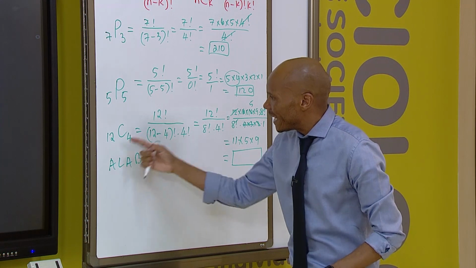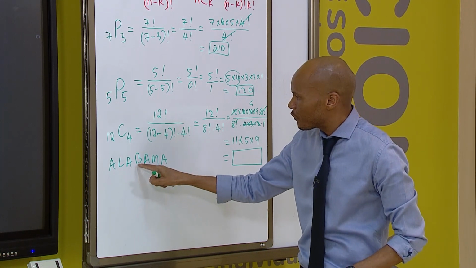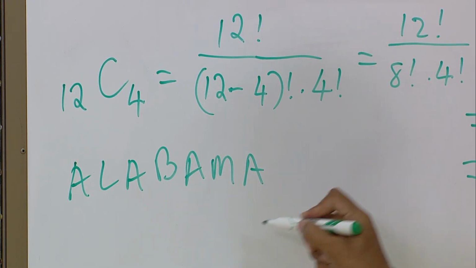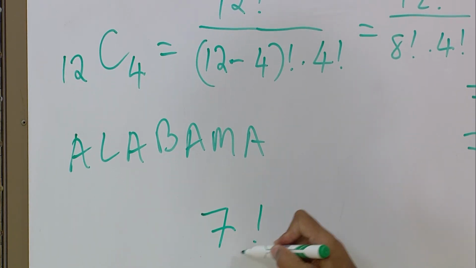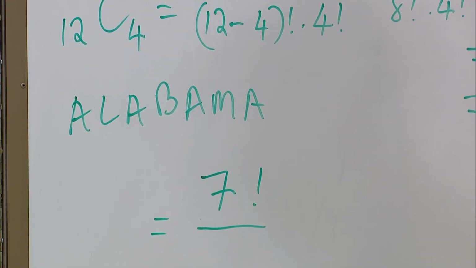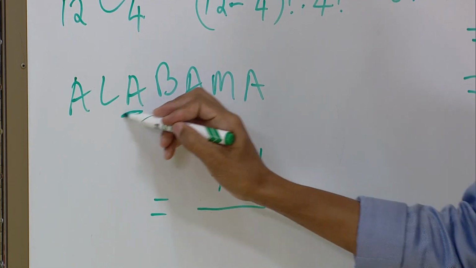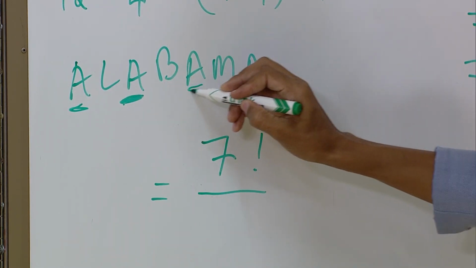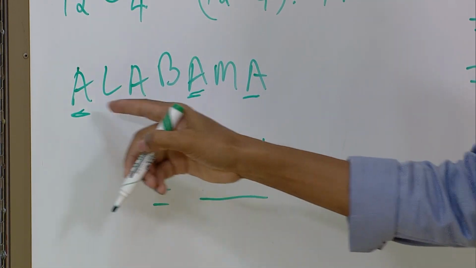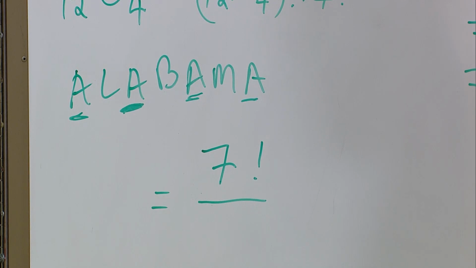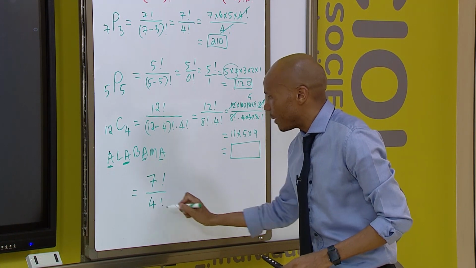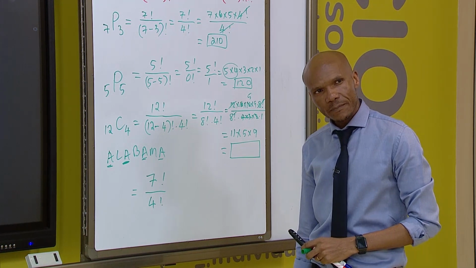You'll say, how many letters do I have? 1, 2, 3, 4, 5, 6, 7 letters. So you have 7 factorial, right? But how many letters are repeating there? Alabama. You've got 4 letters that are repeating, right? So you have to eliminate them. So you are going to say divided by 4 factorial.